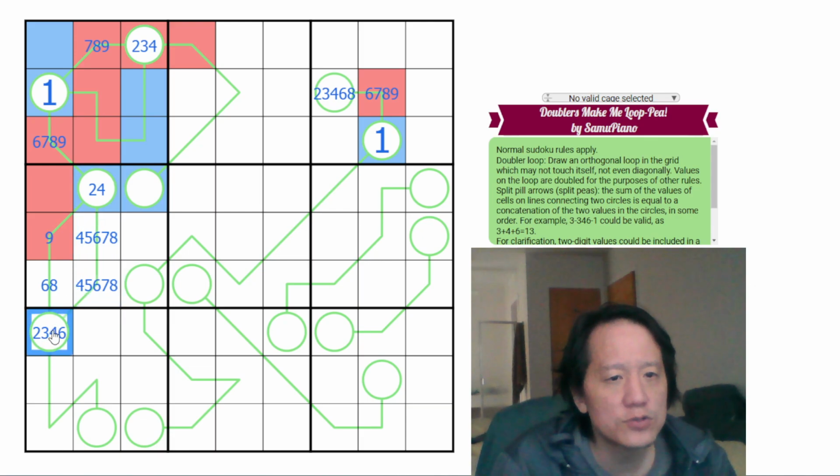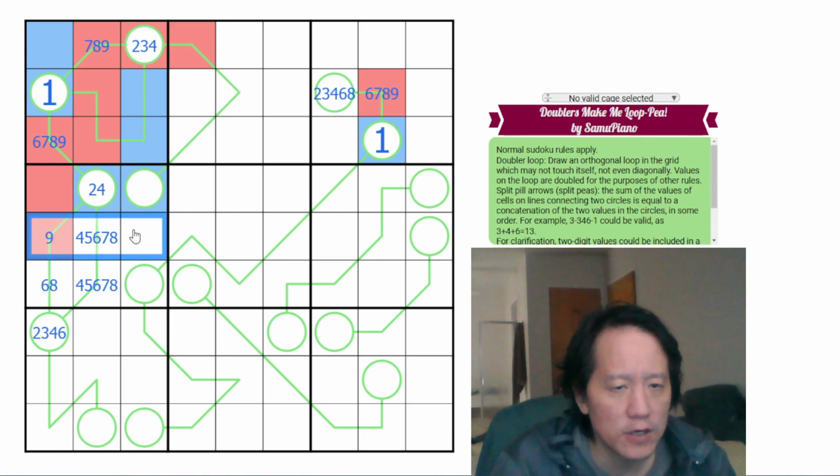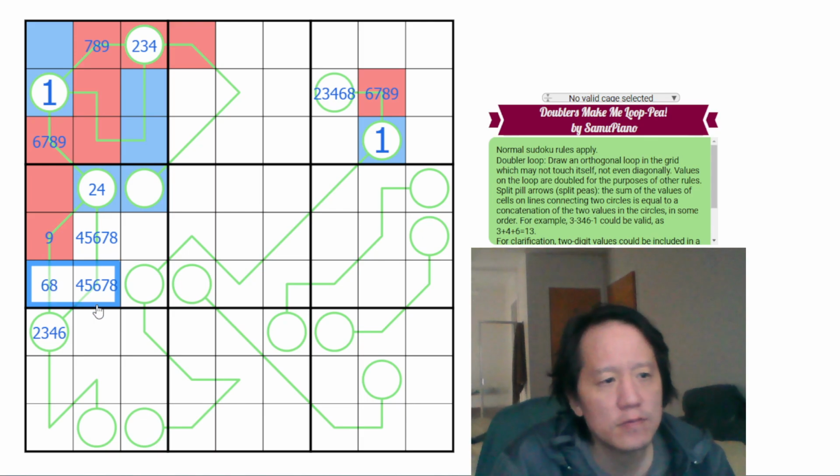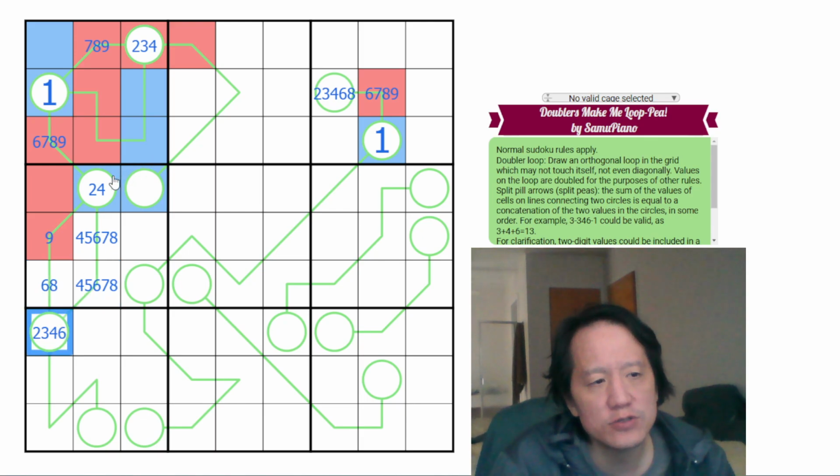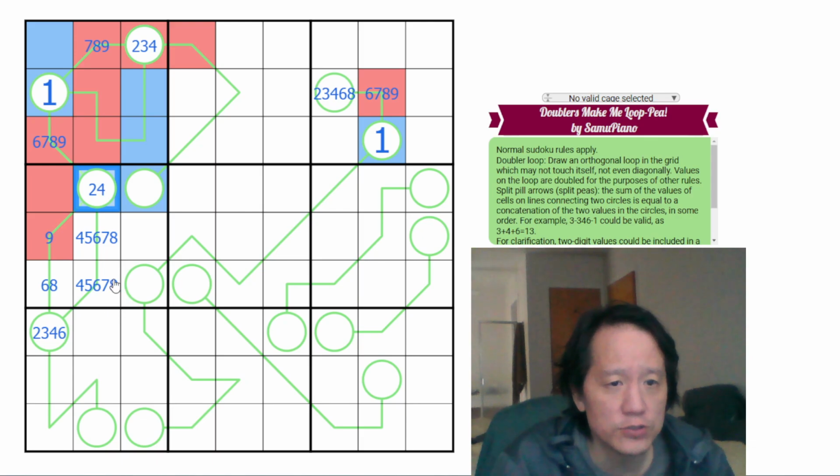23, so if this is 23, you have to have 2 odd and 1 even. So this could technically be 2 doubled 2, and that would be 2, and that still works.